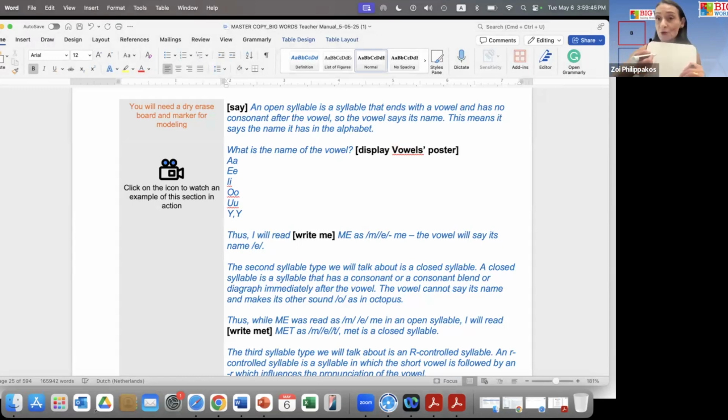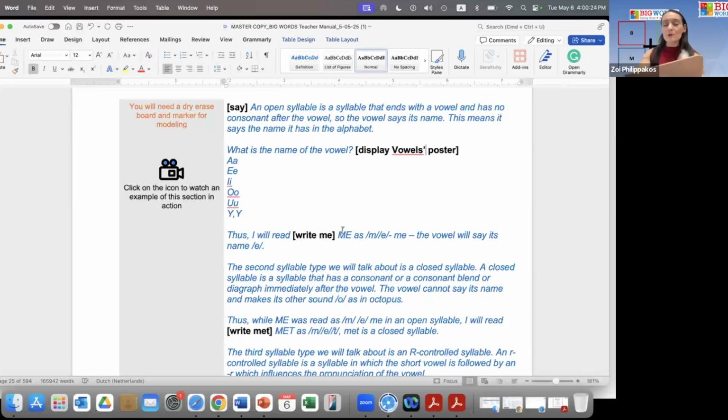So now I will say A, E, I, O, U, and Y, right? Okay, these are the vowels. So the gate is open, and the vowel will say its name. So I will read, here is a word I have for you. Here is my word. I will read E, me. The vowel will say its name, me.